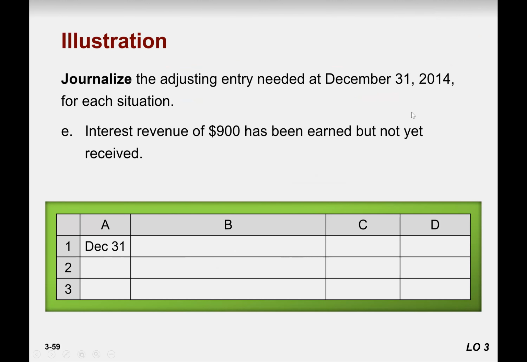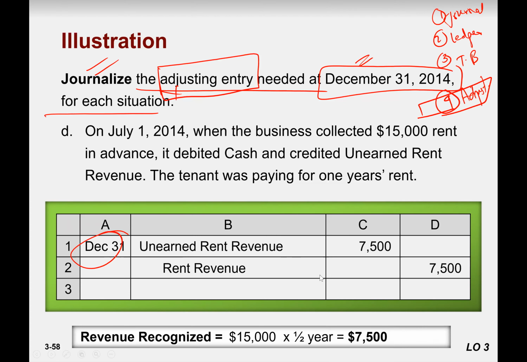Sorry, could you go back for a second? Yes, sure. So since it's 15,000, but we only write 7,500, can we say that the other 7,500 were documented or journalized before December, right? Before December 2015, not 14.